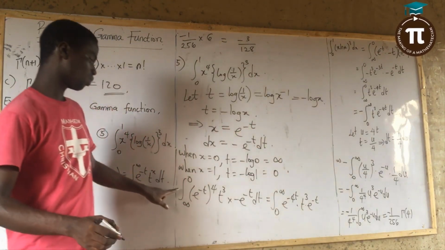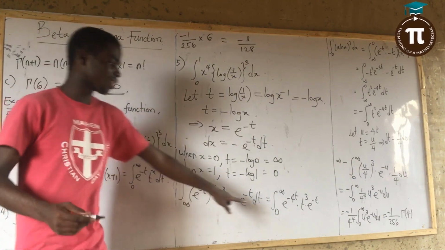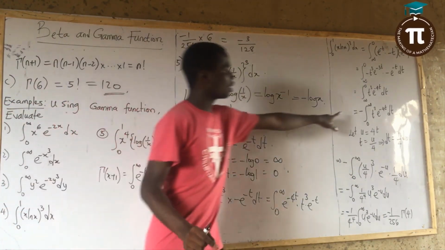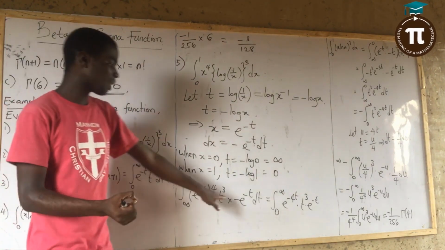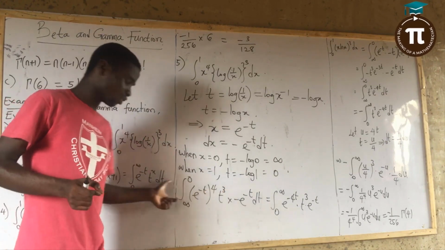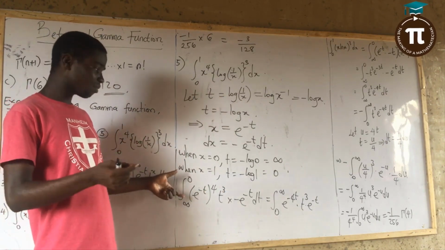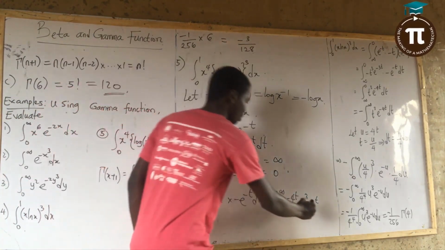Don't forget, I have swapped this bound, that is, it's now from 0 to infinity, and when you do that, you introduce a negative sign. That negative sign multiplied by this negative I have brought outside gives positive. That's why you can't see any negative value here again. So dt.